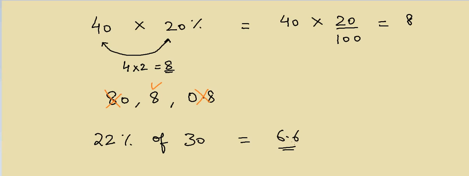I know that 660 is not possible, 66 is not possible, 6.6 is possible, 0.66 is not possible. So it has to be 6.6. Or if you're good about it, you can also cancel the zeros by yourselves.